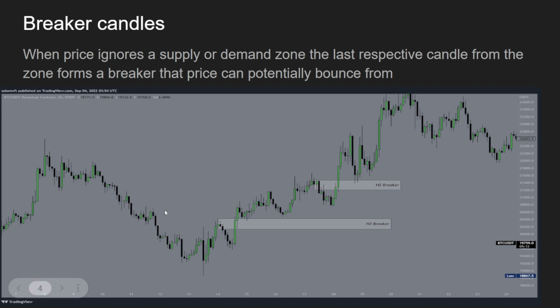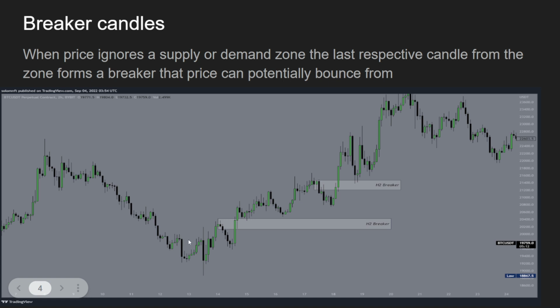Oh, actually here, before I run off from this. The reason this is usually a better breaker: if price comes up and tests a supply, this is also a breaker candle here.